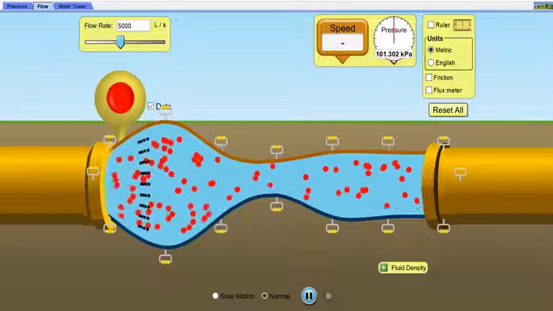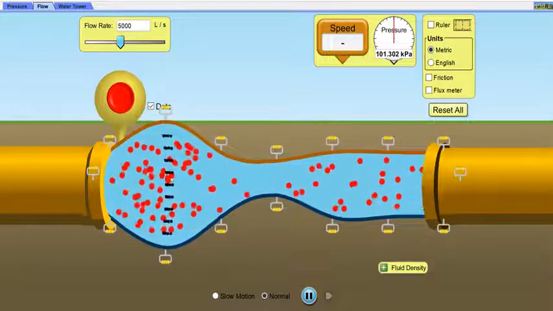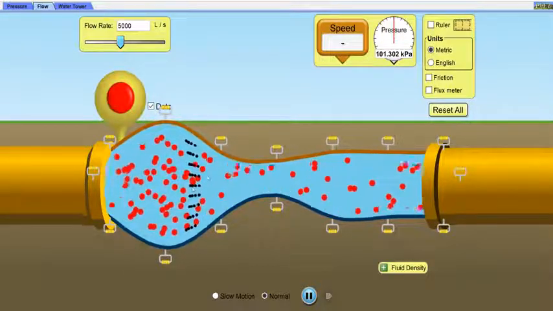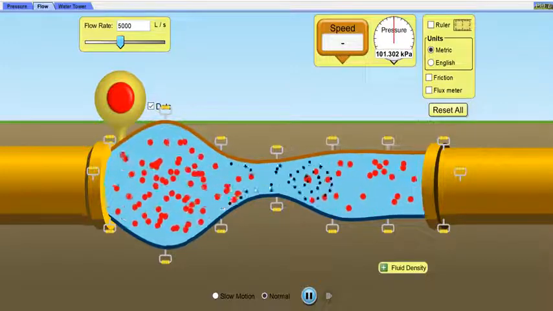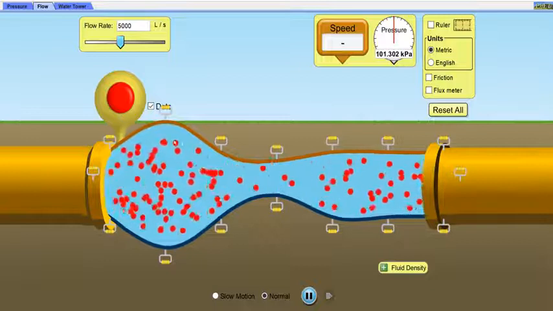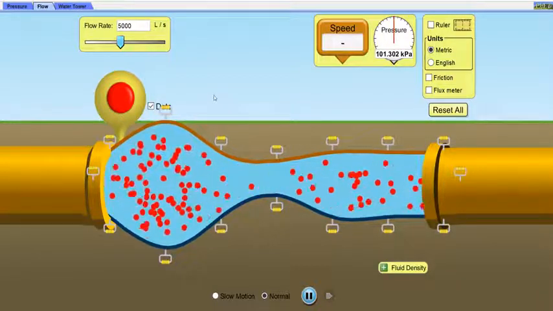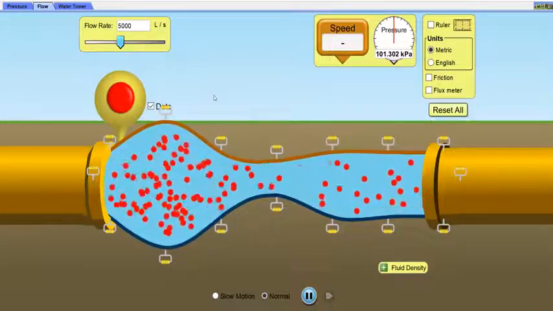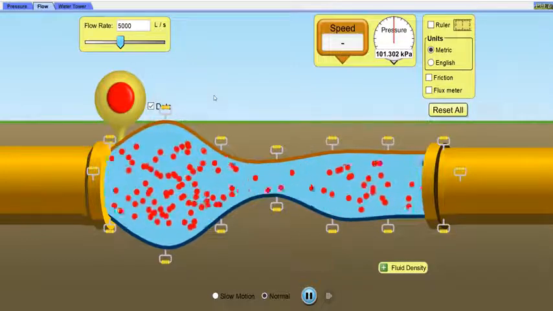You observe here it is moving at very low velocity, and as soon as it passes through, it moves at a fast rate. So this is nothing but the equation of continuity, that is area into velocity is always constant.